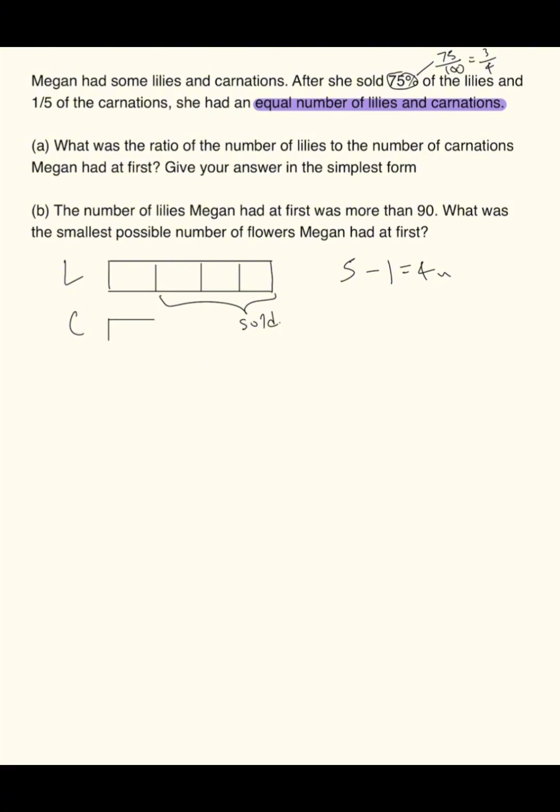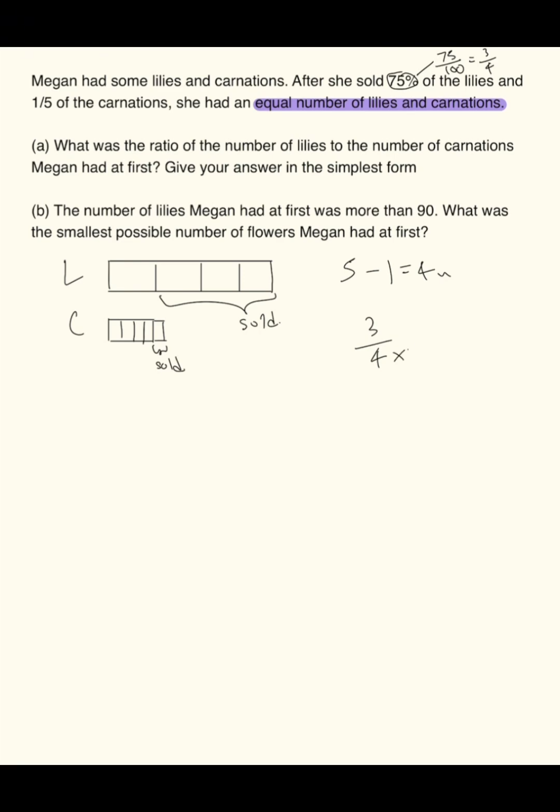So when we draw the model for carnations, it will look like this: 1, 2, 3, 4. And actually there's a 5 because the total was 5, but this one got sold. Now what we need to do is convert the 3/4. 1 unit needs to be 4 in order to match the carnations.